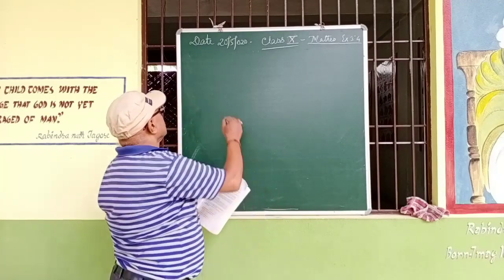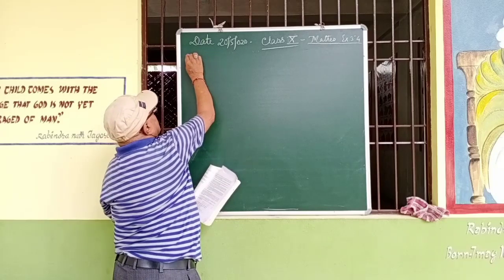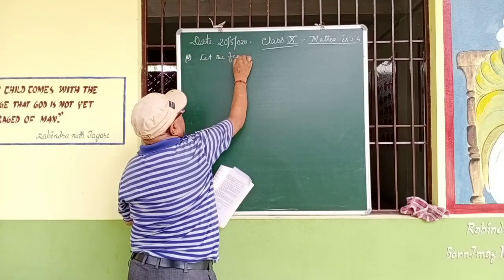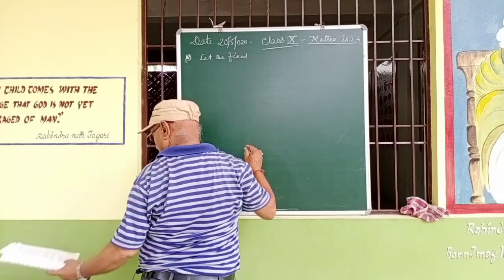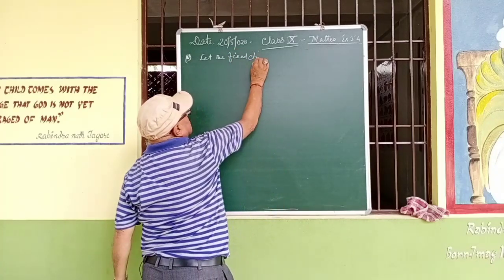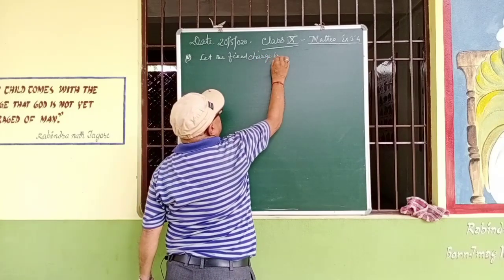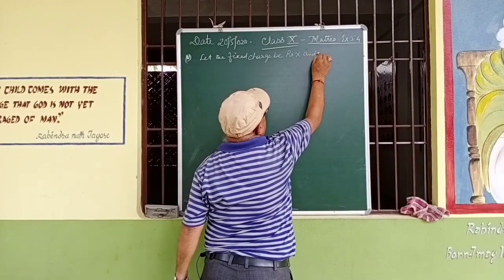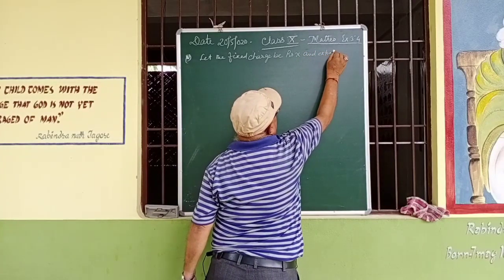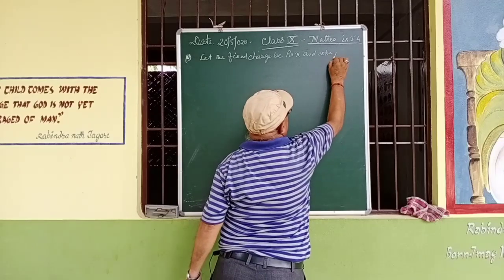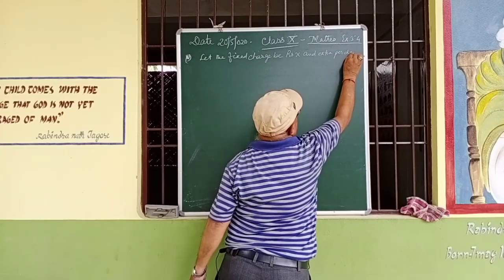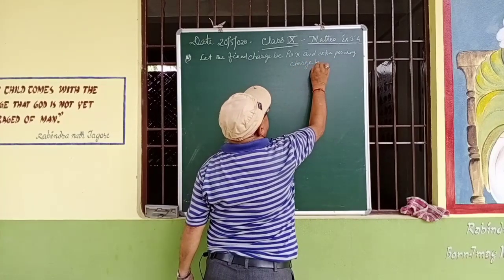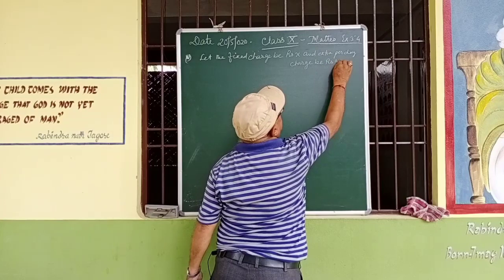Okay, so let the fixed charge be rupees x and the extra per day charge be rupees y.